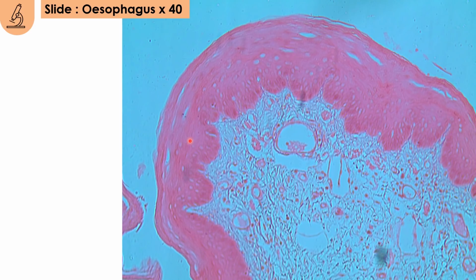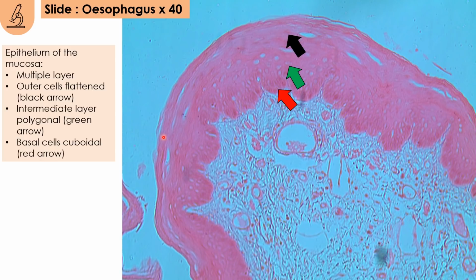This is the intermediate cells, and this is the surface cells, or the outer cells. The outer cell, represented by the black arrow, is flat. The intermediate one, the middle one, is polygonal. It has different shapes. And the basal one is usually columnar or cuboidal.